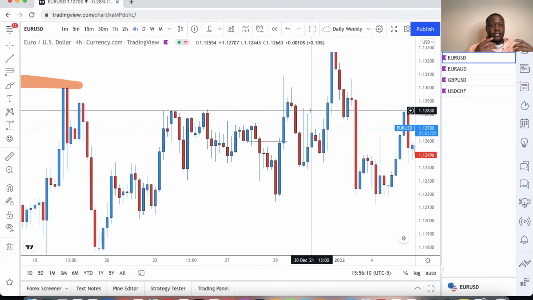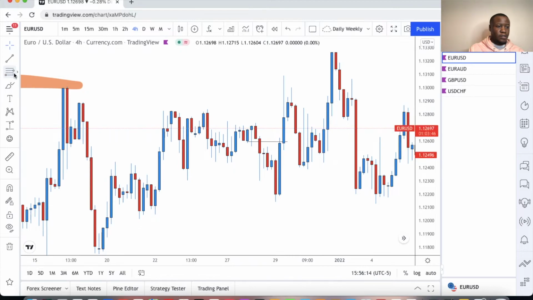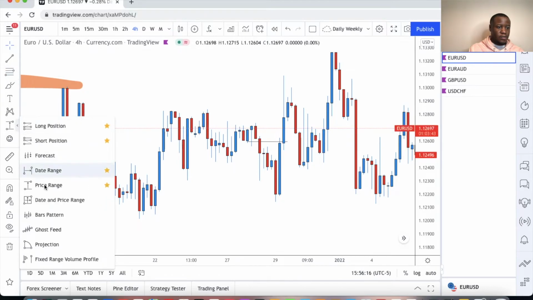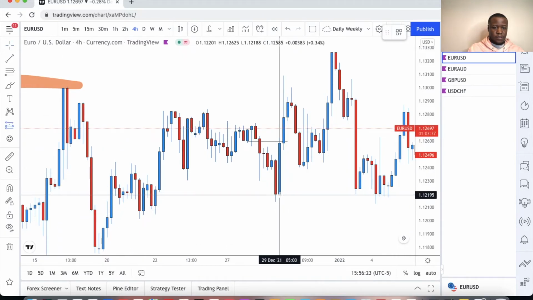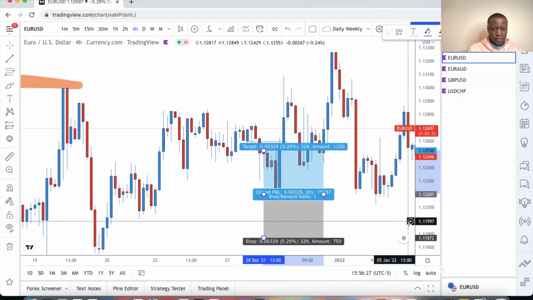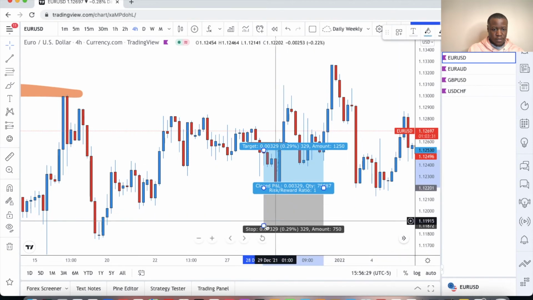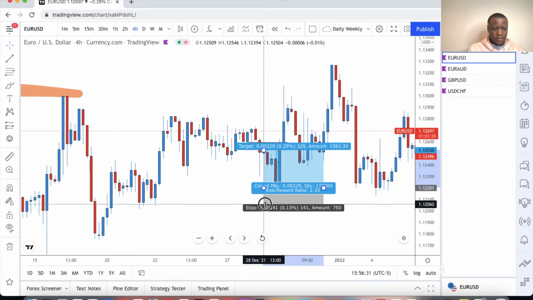Okay, so I said something about a risk-free trade, so I want to get into that now. So say this is the actual trade right here. Your stop is at the lows right here.